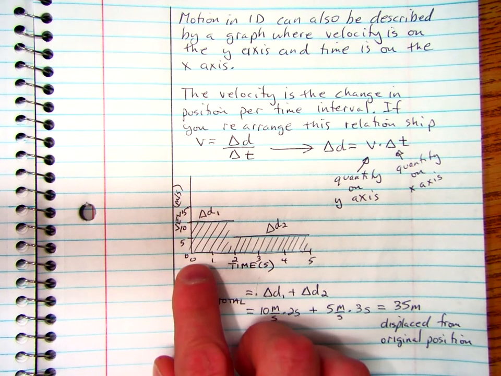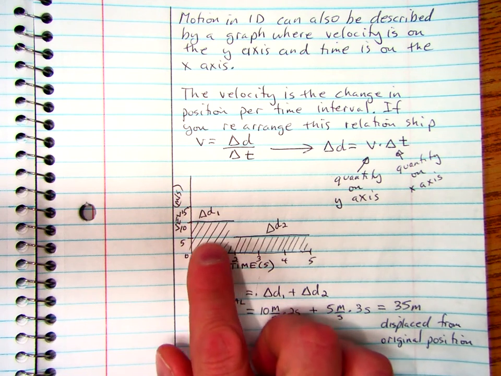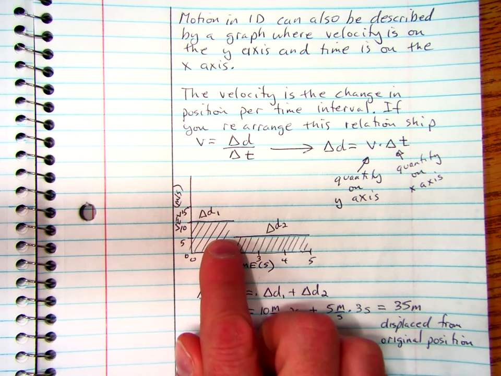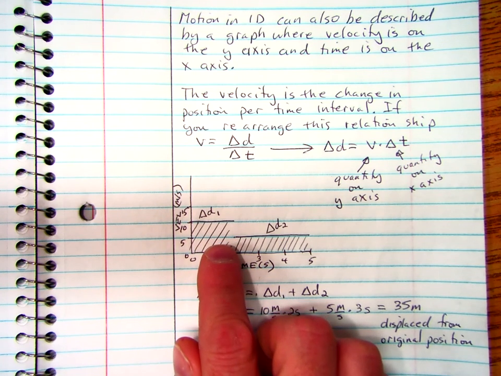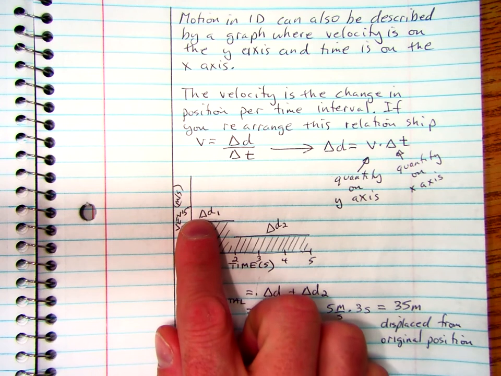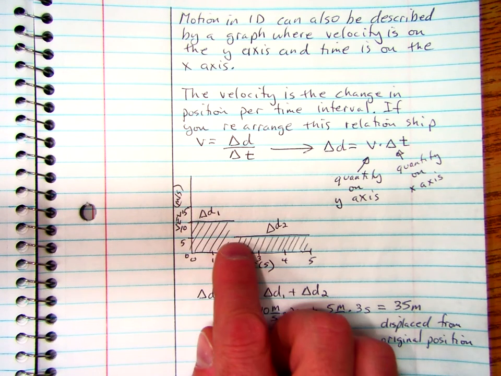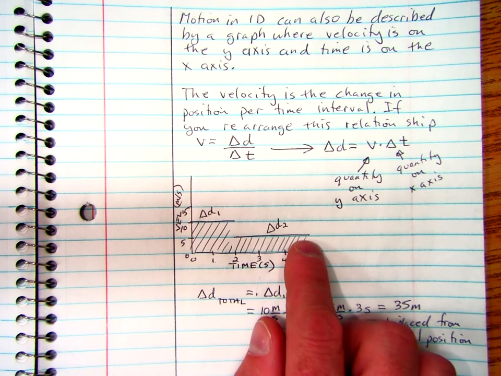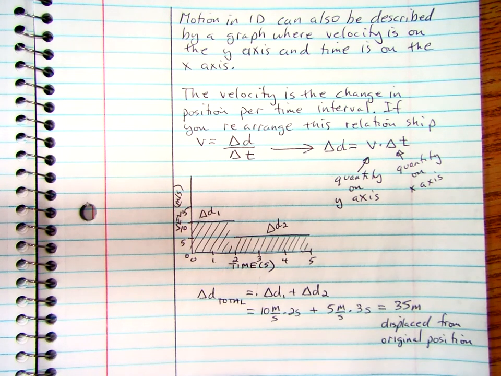Now, these are horizontal line segments, and that tells us that for this particular time interval, 0 to 2, you have constant velocity, and it's at 10 meters per second. And then here we have a different constant velocity, which is at 5 meters per second. And we've already drawn some graphs that produce velocity graphs similar to this.